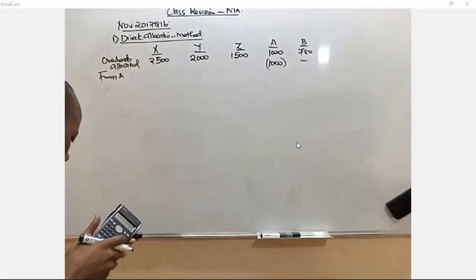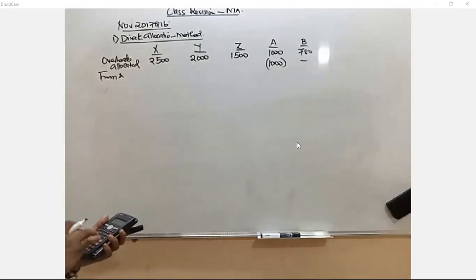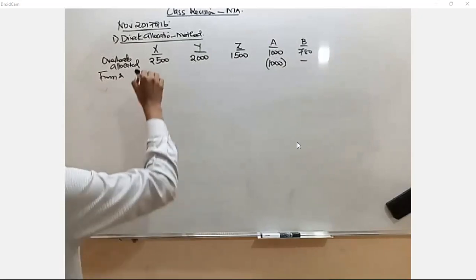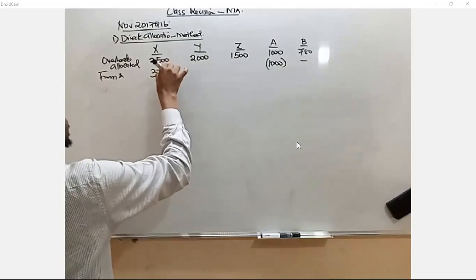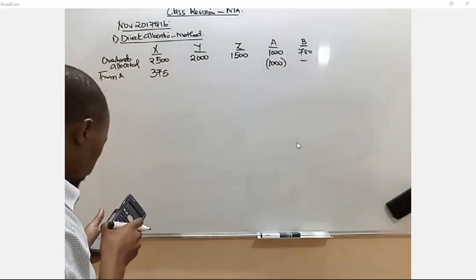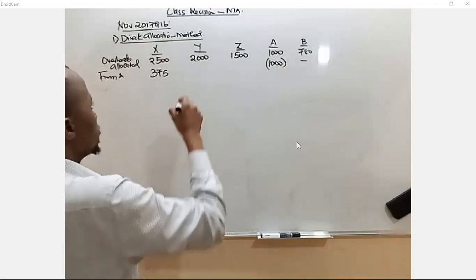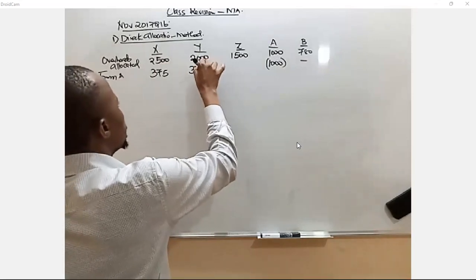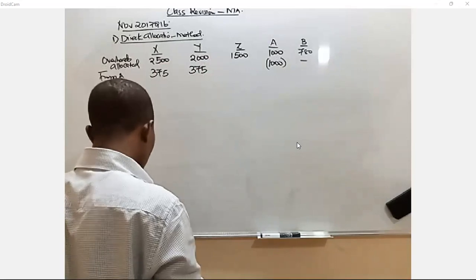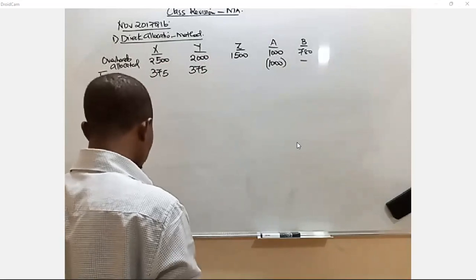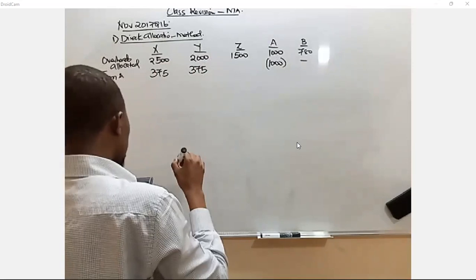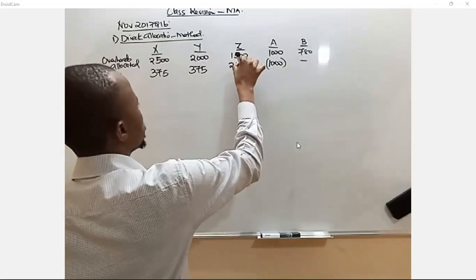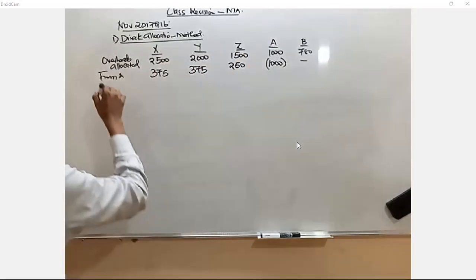So the first will be 30 over 80 times 1,000, getting 375. The other one is also 30 over 80, 375. Then the balance will be 20 over 80, which is 250.